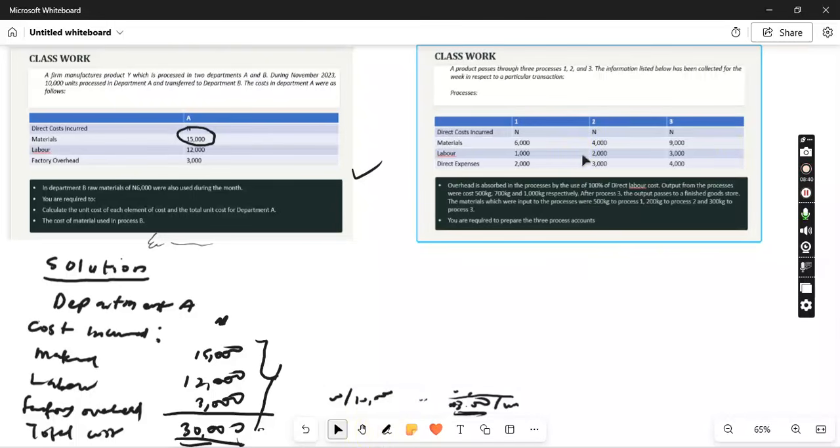Here the information listed below has been collected for the week in respect to a particular transaction. Let me just scroll that up.